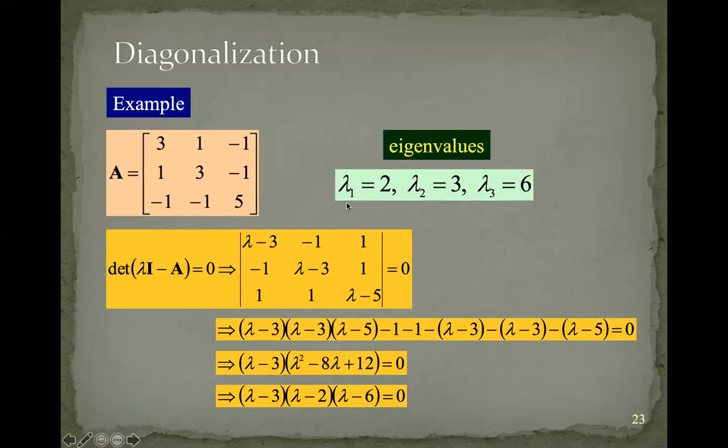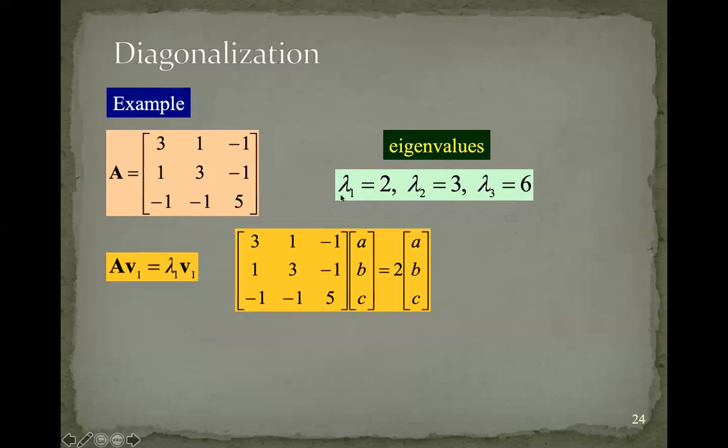Now the next step is we need to find the eigenvectors associated with each of the eigenvalues. Let's use lambda 1 equals 2.